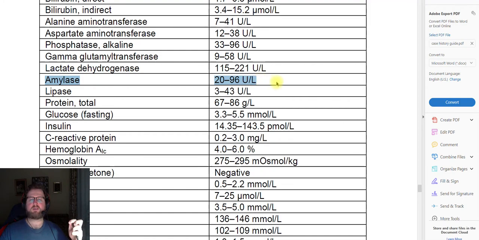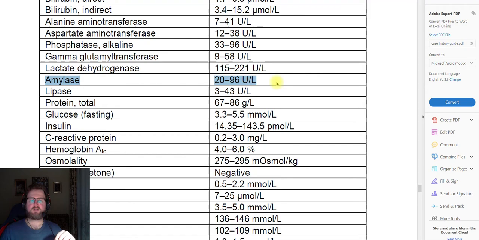Amylase level, it's a very specific indicator of pancreatitis, because amylase, that's a pancreatic enzyme. Normally amylase gets inside the GI system. It gets intraluminally to process glucose and polysaccharides in our intestine.